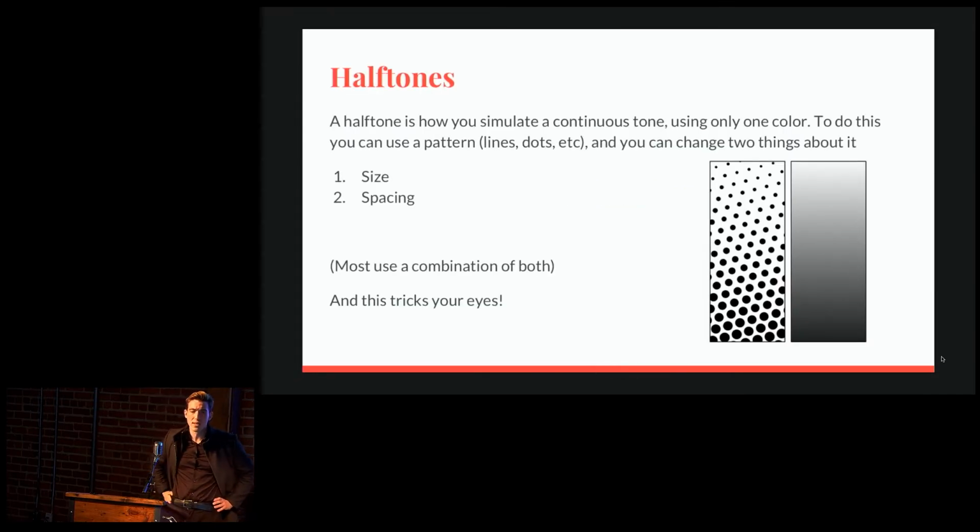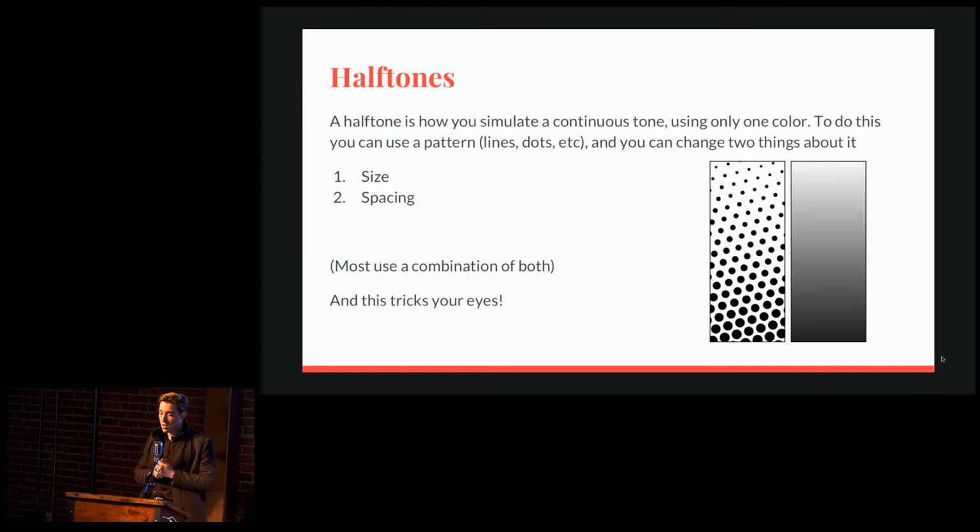So specifically, a halftone is basically a way you can fake a continuous color gradient. Specifically, they're using dots, but we're all clever people, we can imagine that instead of dots it's lines or stars or whatever pattern. By replicating this pattern over and over, you can get gradients.